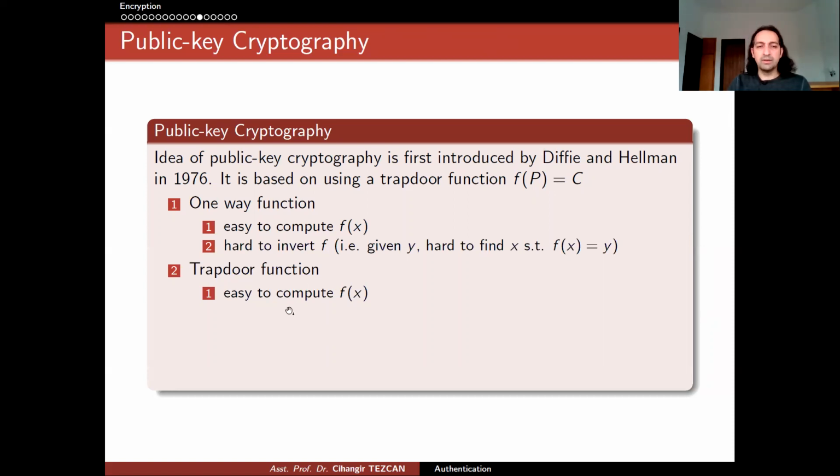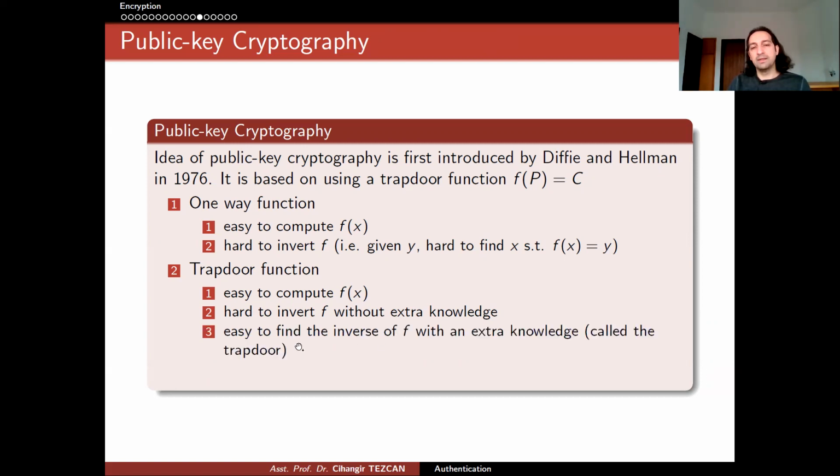The idea is simple. Once you know the input, it is easy to compute output. But again, once you know the output, it should be hard to invert it without extra knowledge. But people with an extra knowledge, which is called the trapdoor, can perform this inverse operation. So from y, they can obtain x. So this was their idea.